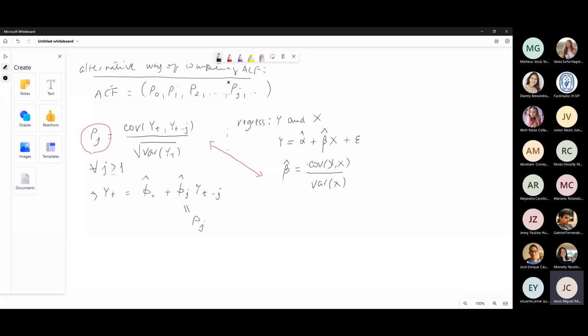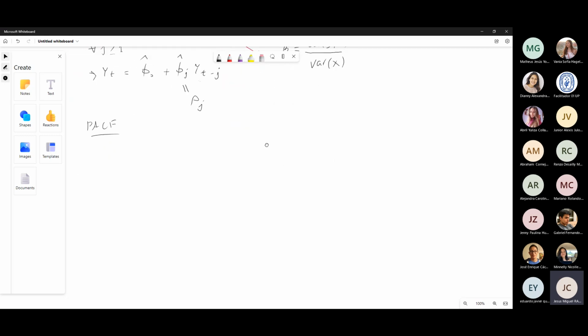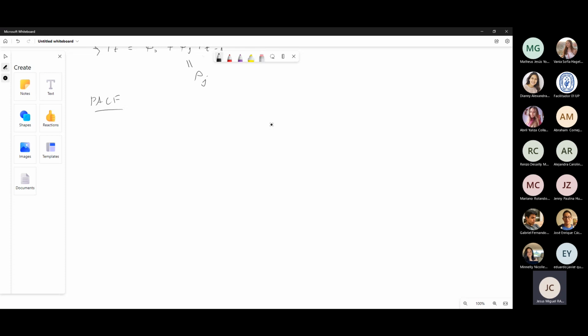Now let's think about the PACF. Okay, the PACF, and the definition says that the PACF between Y_t and Y_{t-J} is the autocorrelation that eliminates the effects of the intermediate values between this guy and this guy. How does it work?